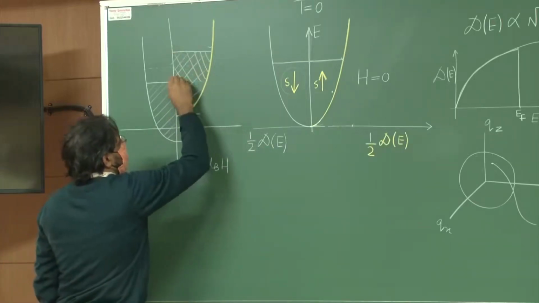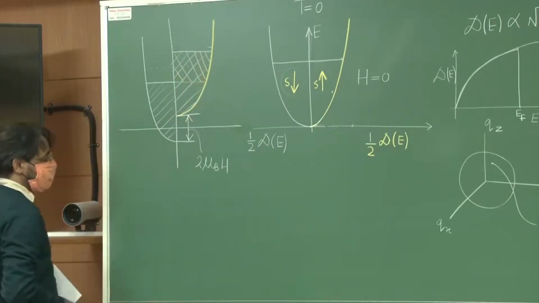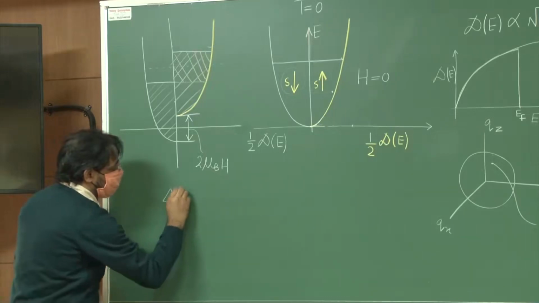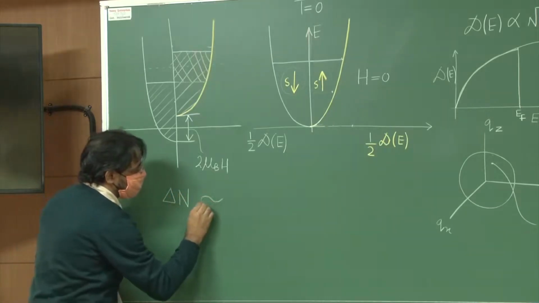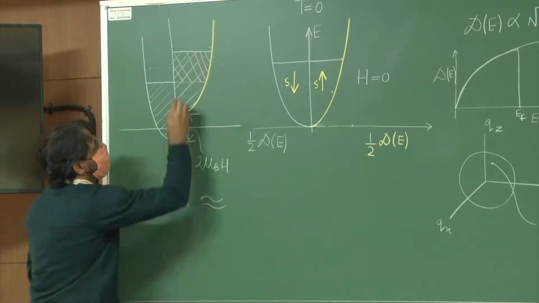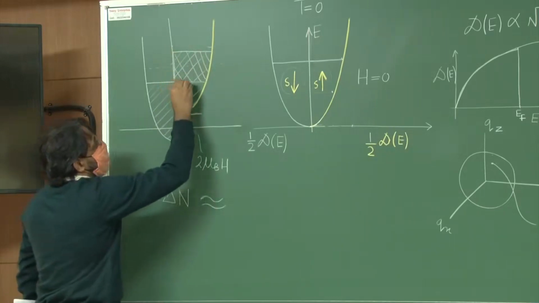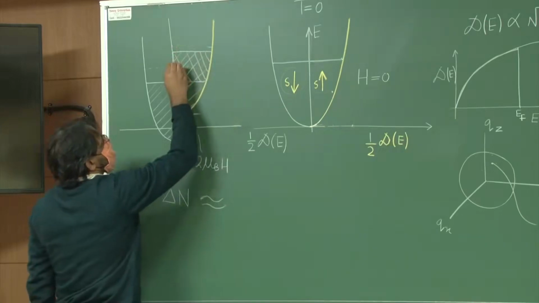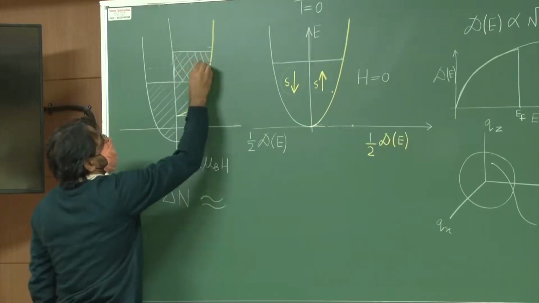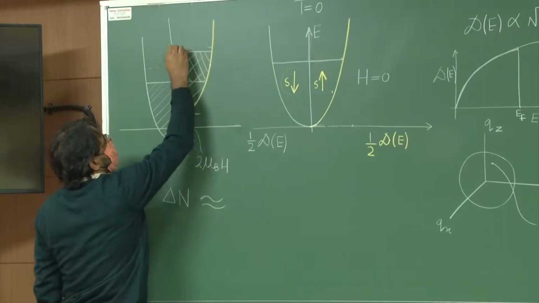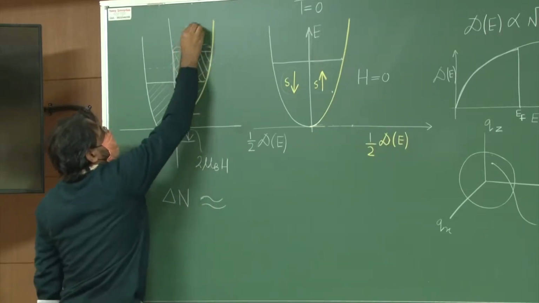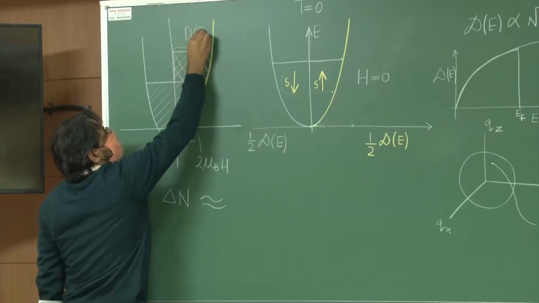And what is the number of electrons in this region? So, that delta N would be very approximately this area, and this area is this distance, the distance from here to here, you know, is how much? This is D(E_F), isn't it so?